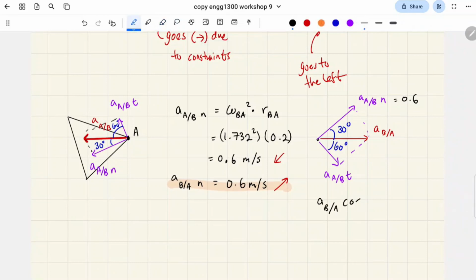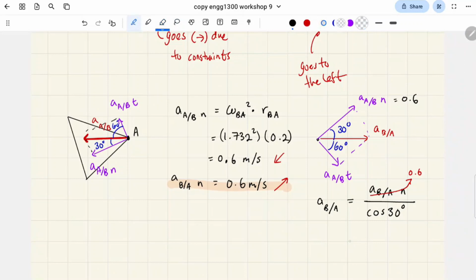Oops. That's not a good way of doing it. But that was 0.6, right?